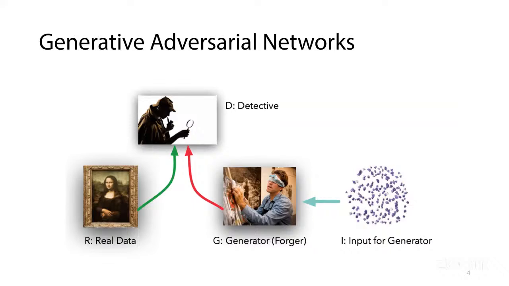One is called the generator, and the other is called the discriminator. The generator network is the one that tries to generate fake imagery. It's this guy over here who's trying to fake. And the discriminator is kind of like a detective that tries to discriminate fake images from real images.